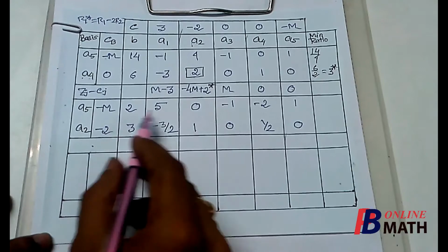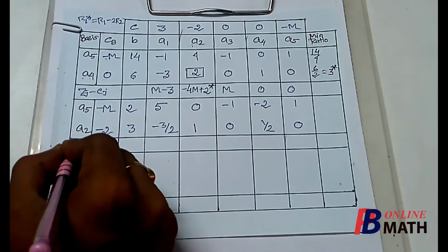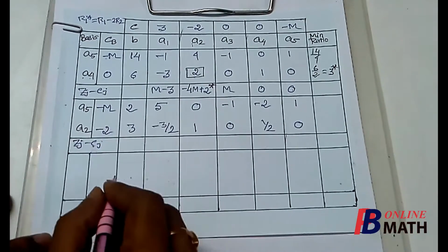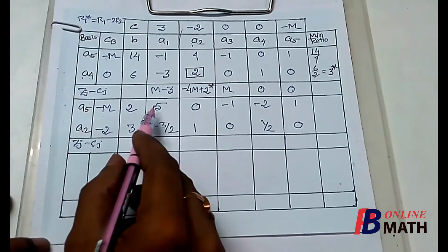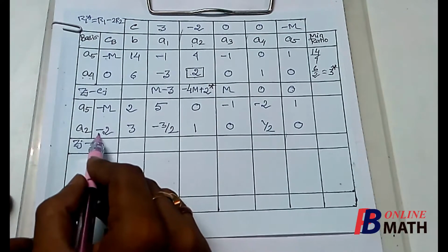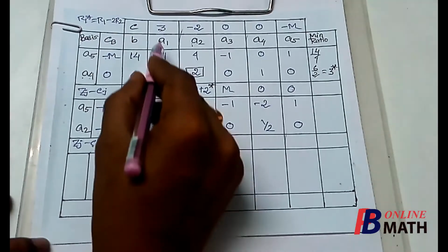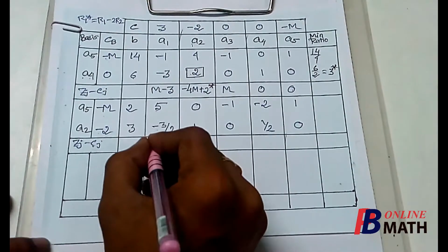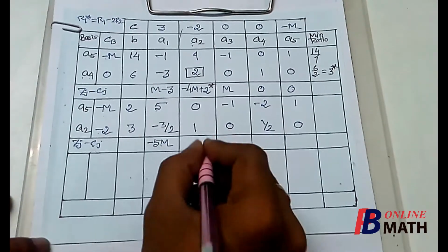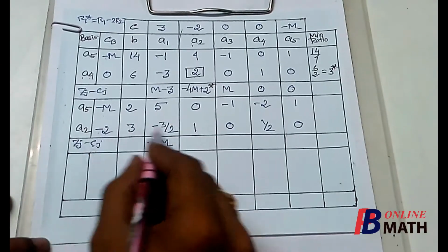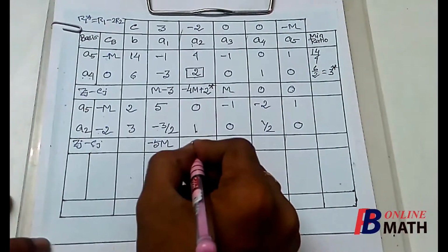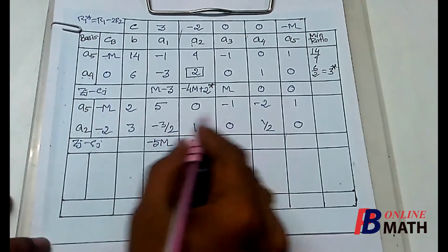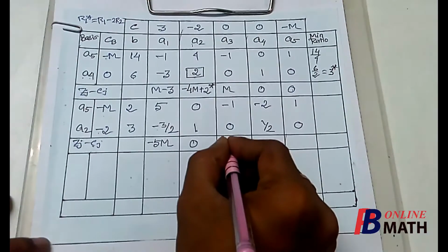So we have computed both the rows. So we need to compute Zj minus Cj. This value will be minus 5m plus 3 minus 3. So it is minus 5m. This will be 0 minus 2 plus 2, 0. It will be m plus 0, so it is m.